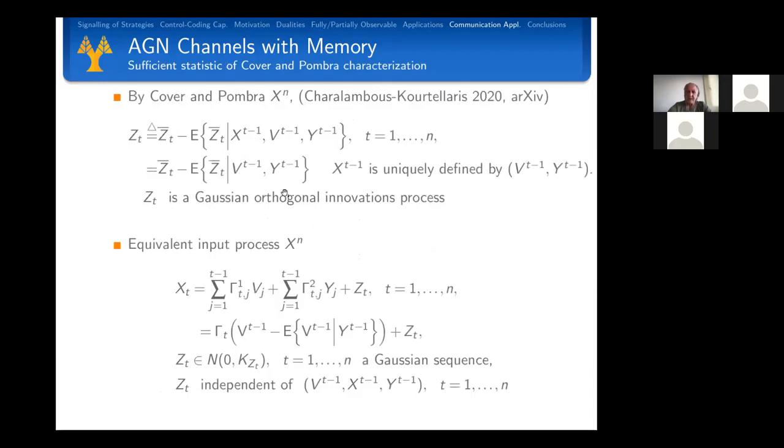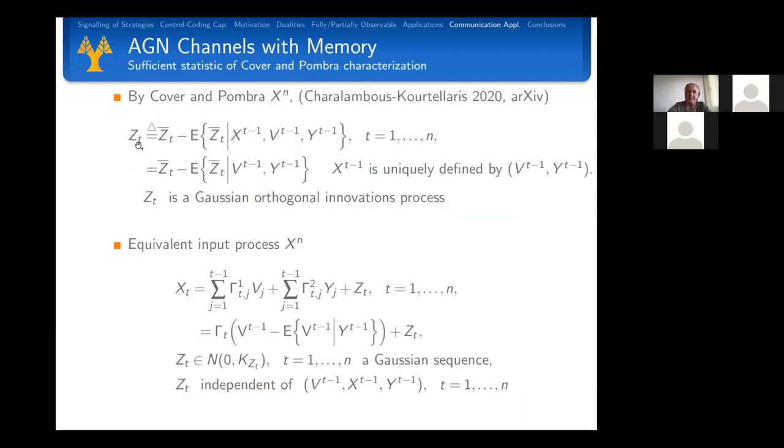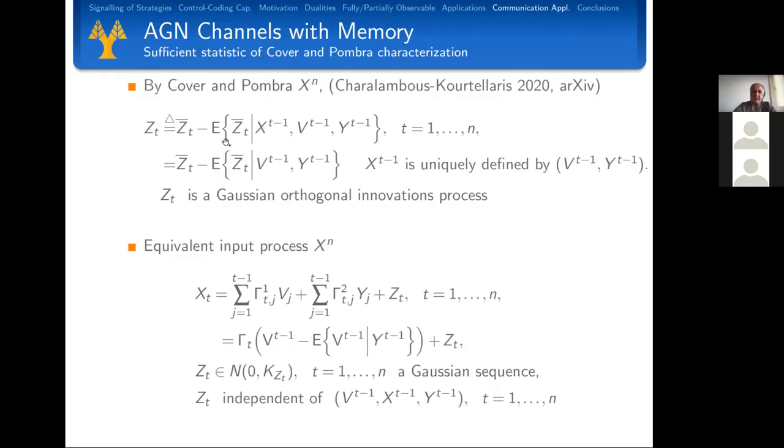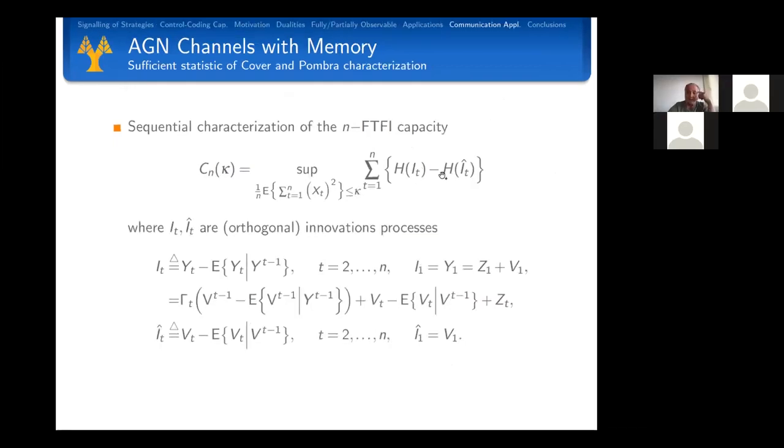We revisited this. Basically, what we did is we didn't like these blocks. So we went here and we said, well, a simple redefinition, defining Z to be the innovations. Well, it's not the innovations, the process of Cover-and-Bombard. If you do this, then you can turn this into a strategy that is driven by independent process, and then you have a sequential version that involves two innovations.